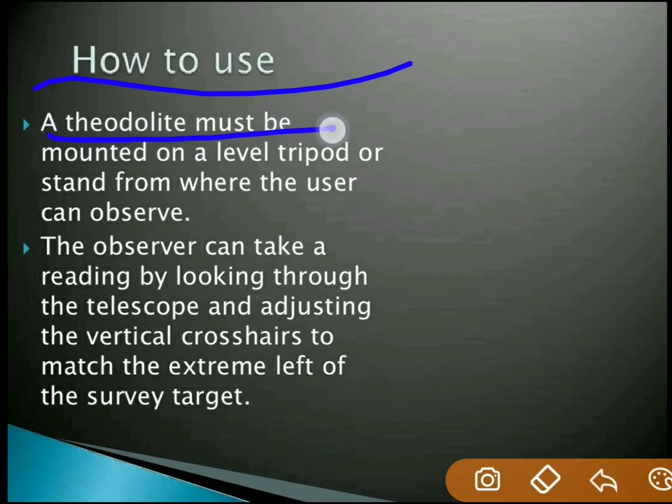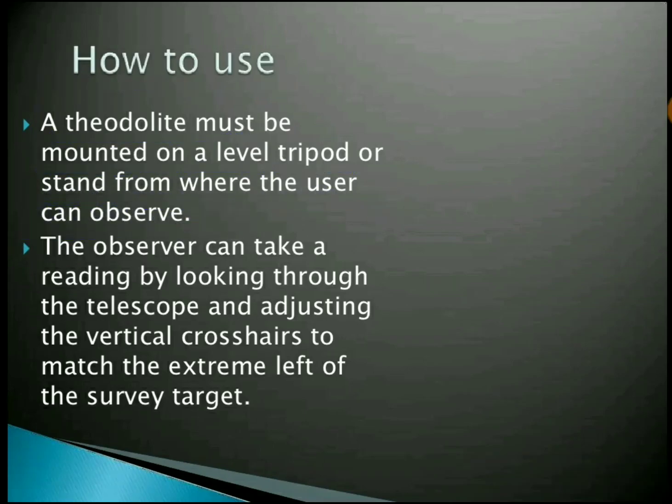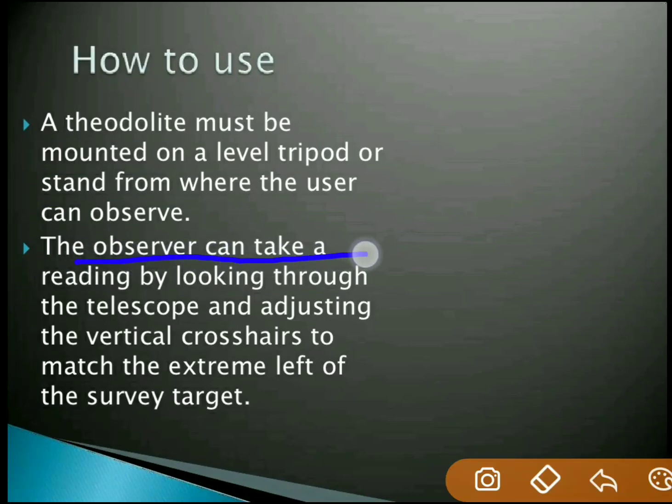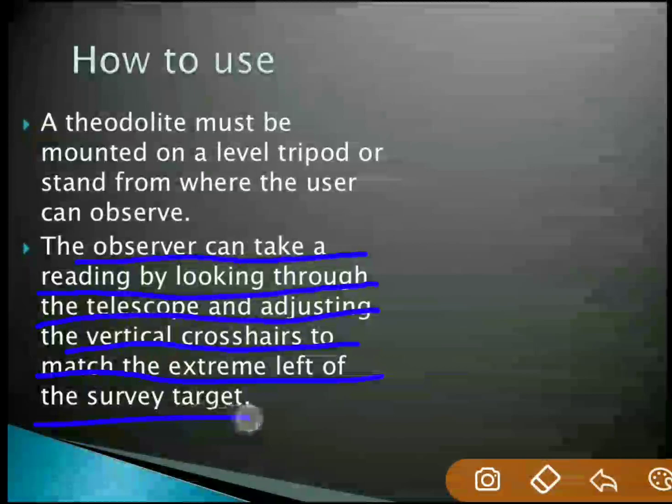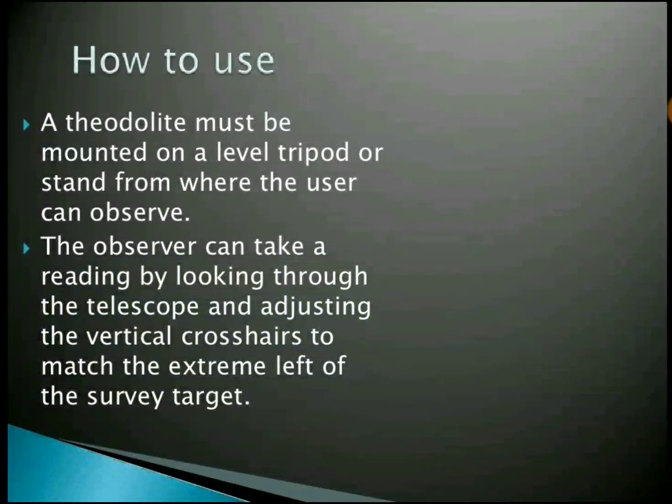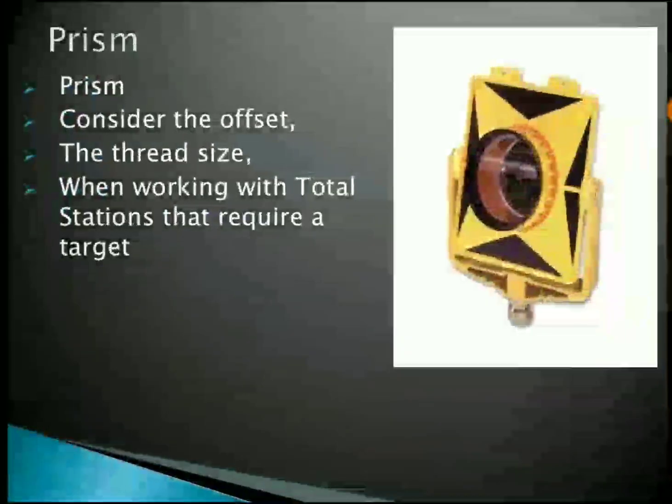A theodolite must be mounted on a level tripod or stand from where the user can observe. Next, the observer can take readings by looking through the telescope and adjusting the vertical crosshairs to match the extreme left of the surveyor's target.